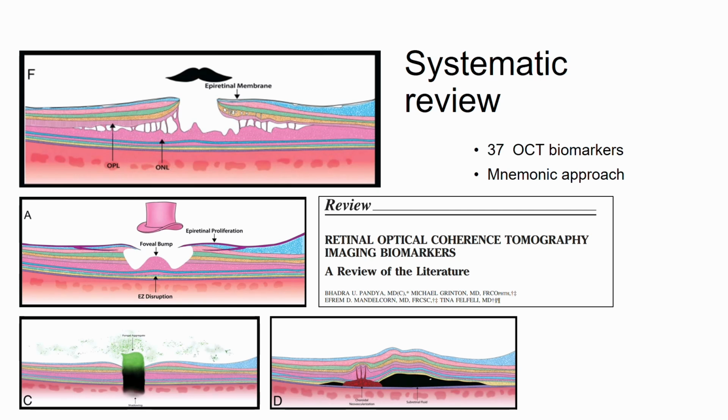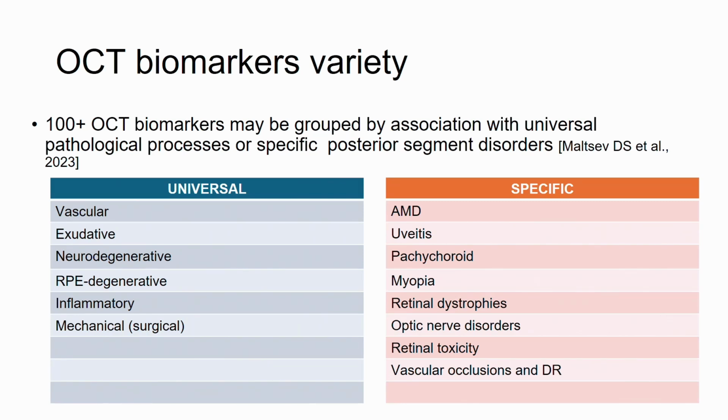So that could be some illustrative image which is shown on the scan, and here are the examples associated with different signs or features or phenomena. Well, this approach is attractive, it's easy to remember, but unfortunately this is the way authors managed to cover just 37 biomarkers, which is truly not enough.